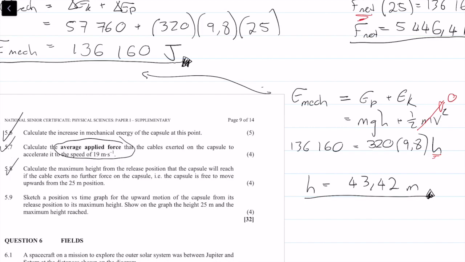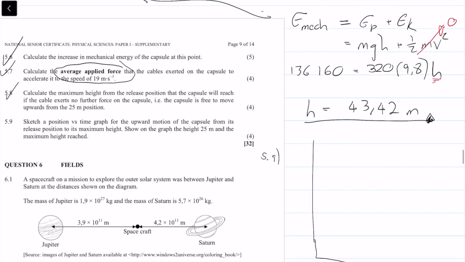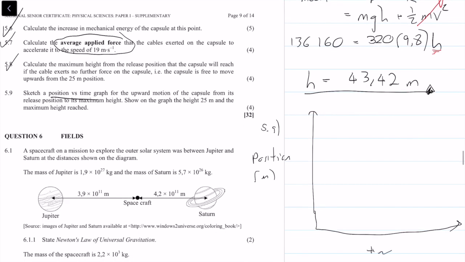And the last question, 5.9, is a graph. Okay, so the question says, sketch a position time graph. So we're sketching a position in meters versus time, for the upward motion of the capsule from its release point, so from the bottom to its maximum height.